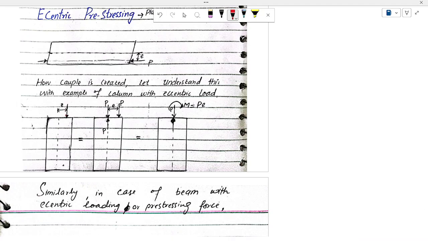which is loaded with an eccentric force at a distance e. How do we replace this force with M equal to Pe? We place one force here, one force here, and one force here.